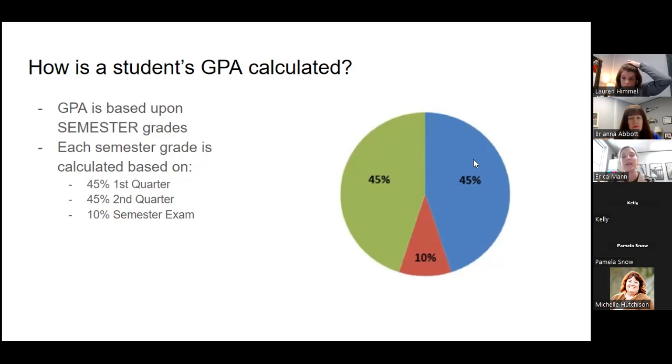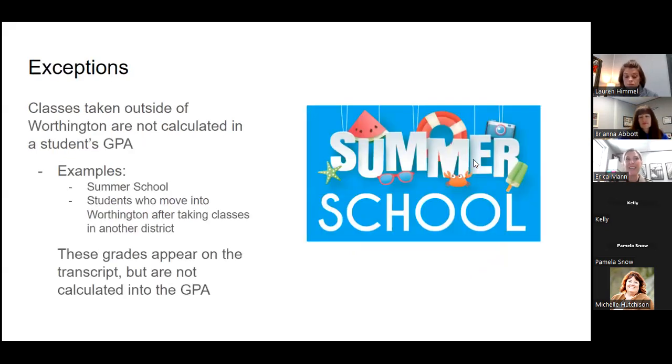And then when we talk about second semester, it's quarter three and quarter four that are combined together with the 10% semester exam. So it's 45% first quarter, 45% second quarter, 10% semester exam. And that is how you get a semester GPA calculation. I know that can be confusing sometimes. And that was the simple answer, but nothing is ever quite that easy or straightforward.